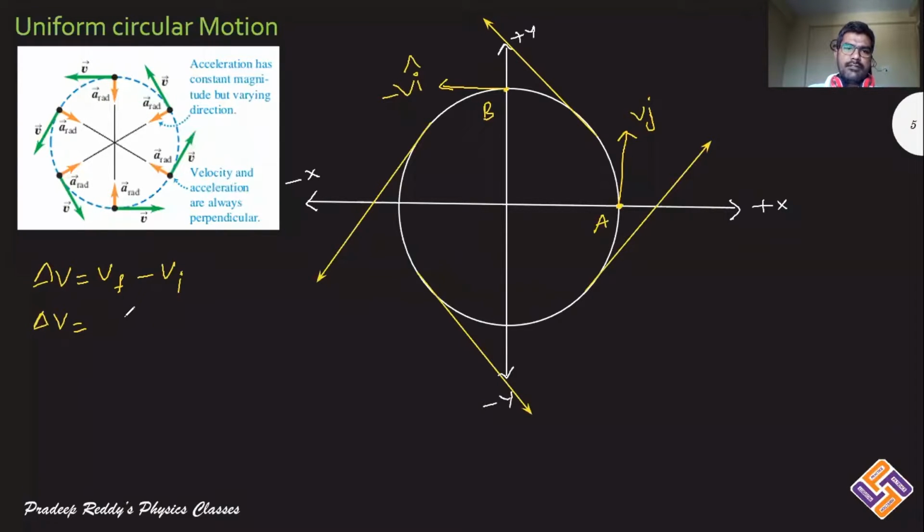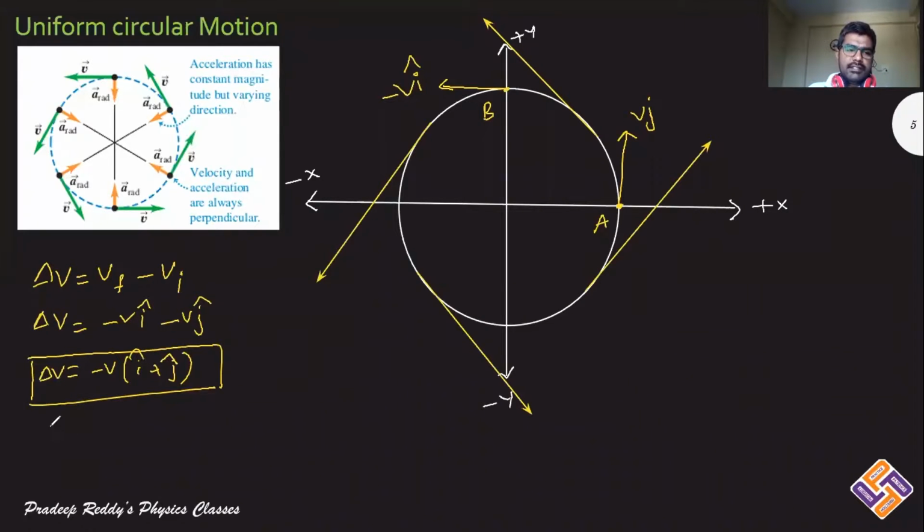So final velocity is minus V i cap, initial velocity is V j cap. This gives you delta V equal to minus V i cap minus V j cap, which we have already learned. Change in velocity, delta V bar, is not equal to 0.